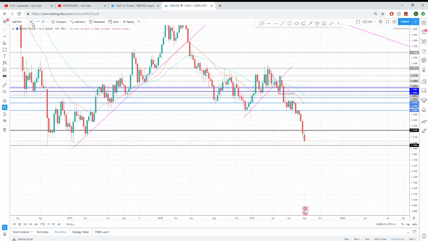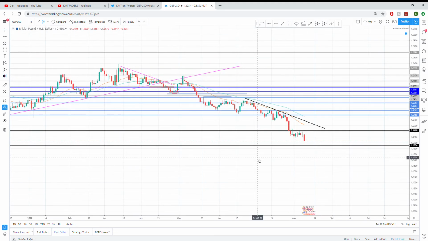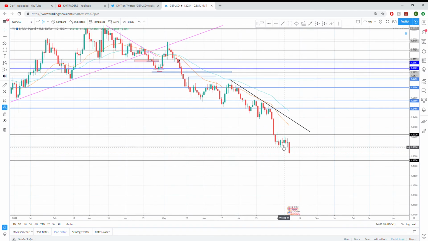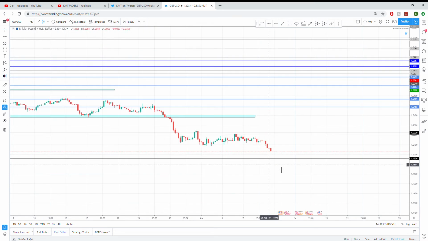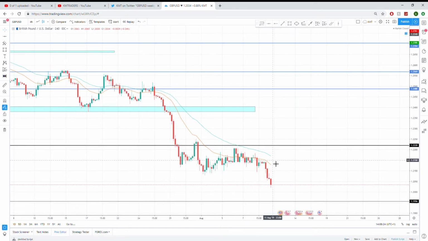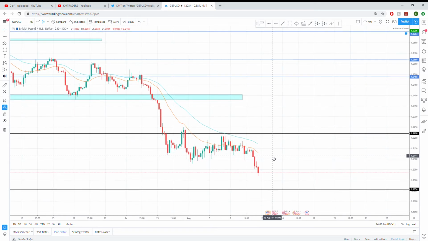So with that sort of bias in hindsight, if we move to a more intricate level, more like a 4-hourly, we can start to pick off where we would like the best entry now.